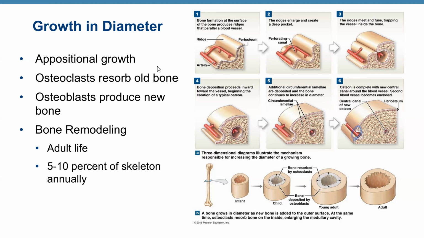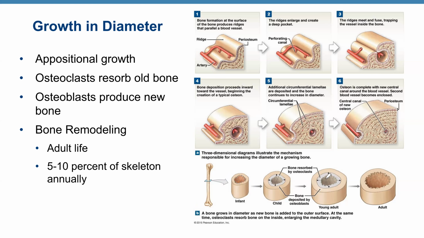Right. So here we have a bone that grows in diameter as new bone is added to the outer surface. At the same time, osteoclasts resorb bone on the inside, enlarging the medullary cavity, right? We don't want a bone just getting larger in diameter while the cavity stays the same.